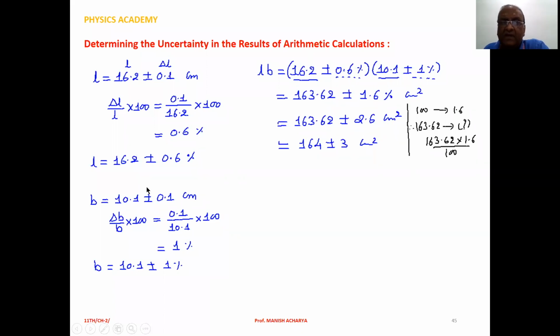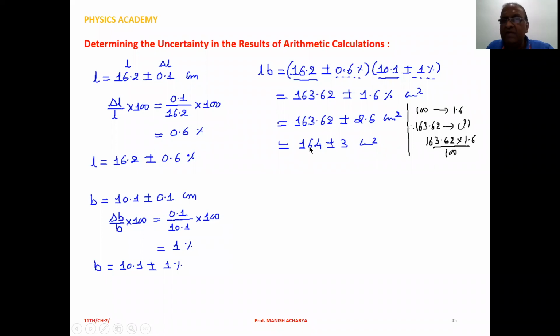Now we have to represent the final result with the proper number of significant digits. See, in the measurement of L and B, the true value is with 3 significant digits. So the true value 163.62 you have to restrict up to 3 digits, so 1, 6 and 3. When the insignificant digits are discarded, the discarded digit is greater than 5, so add 1 to the previous one.